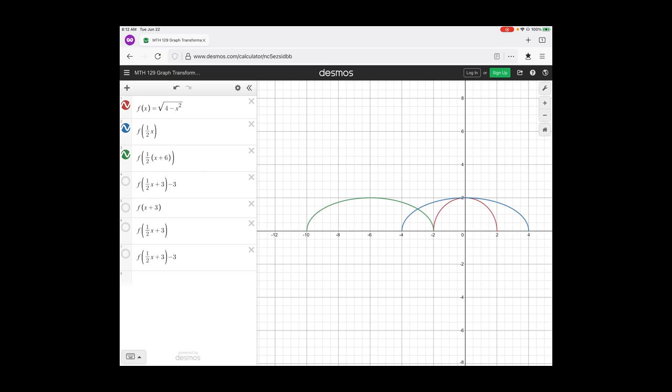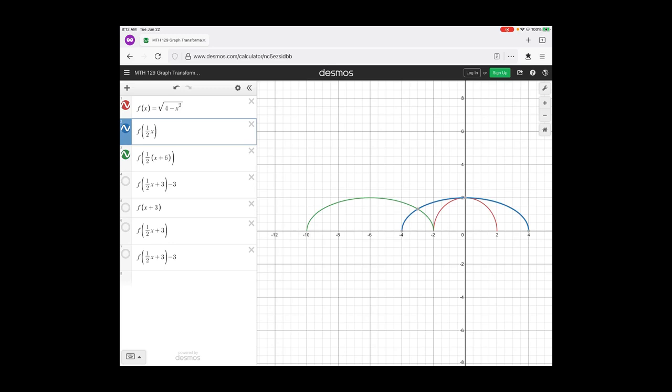Now, when we replace x by x plus 6, that'll shift this blue graph 6 units to the left, producing this green graph. In particular, see the point 0, 2 shifted to the point -6, 2. Likewise, the point -2, 0 shifted to the point -4, 0, shifted to the point -10, 0. And so on.